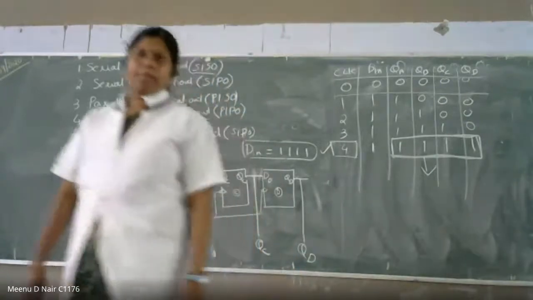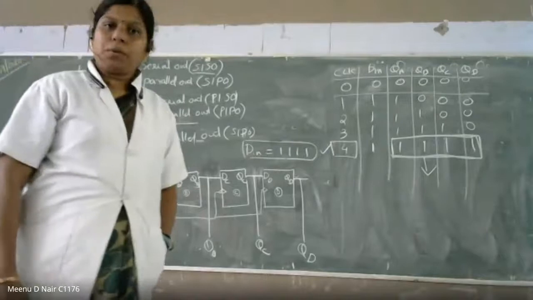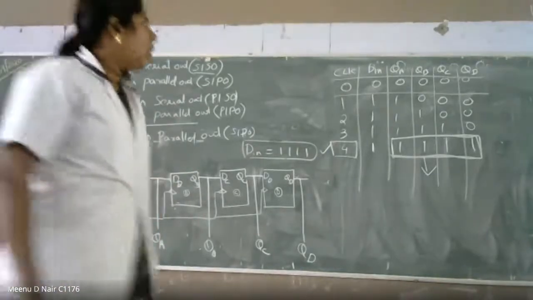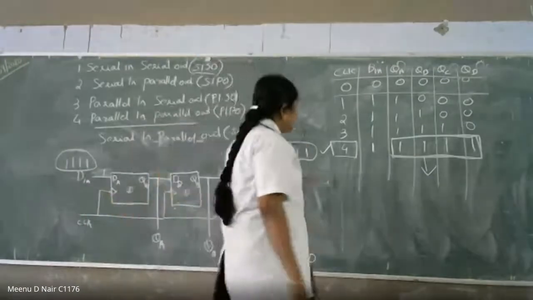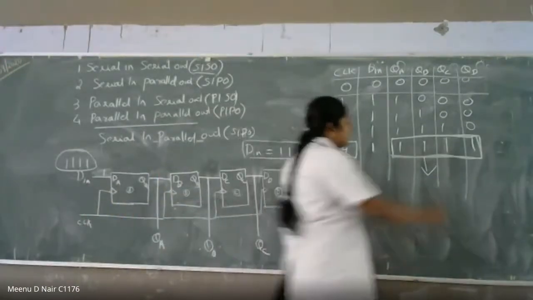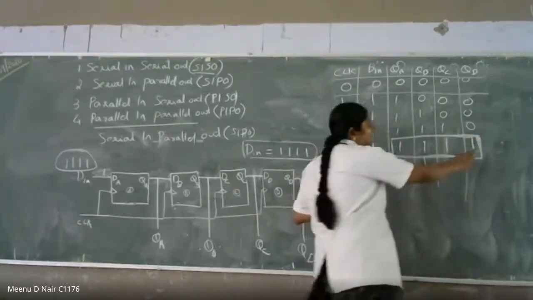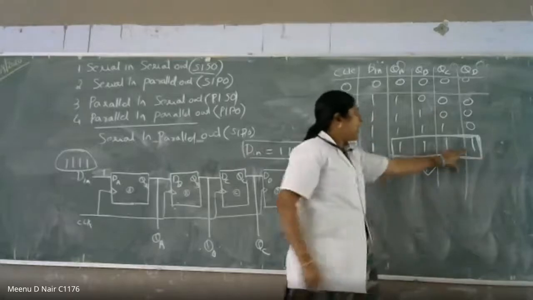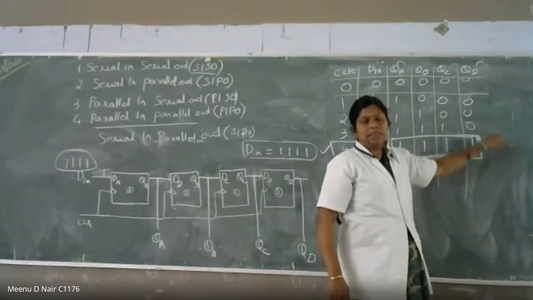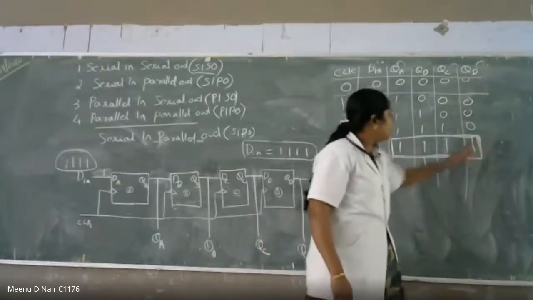Is that okay? So serial in, serial out and serial in, parallel out are almost the same. You can connect it and study. The only difference is that in serial in, serial out, you require 7 clock pulses because it is serial in. Only at the fourth clock pulse does it send out the first bit of the output.